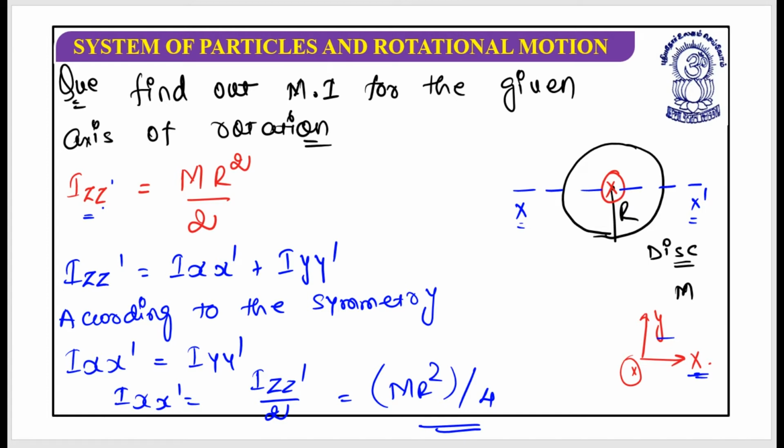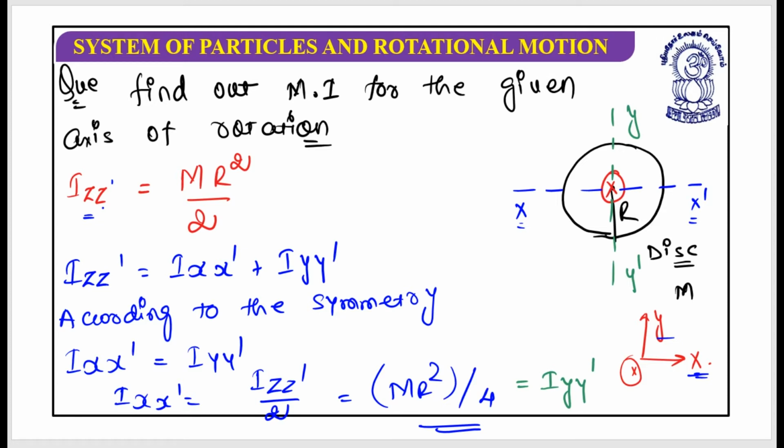This was IXX dash, and even if I have been asked to calculate this I dash, it would be the same. So this is I dash, which equals mr square by 4. I hope this is clear.